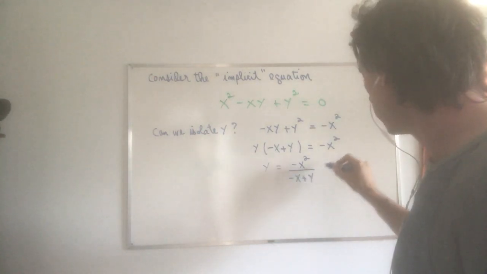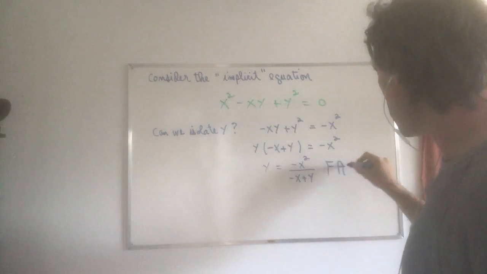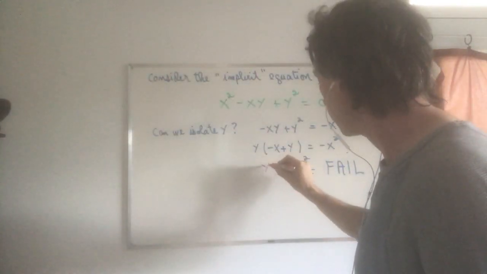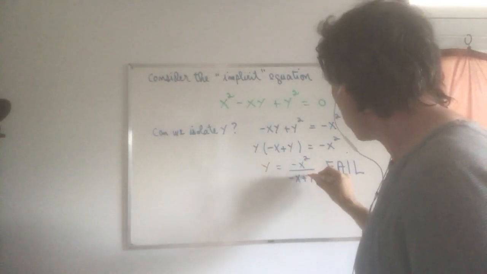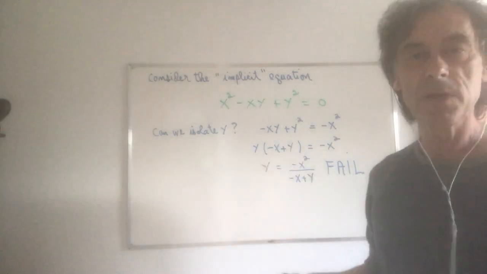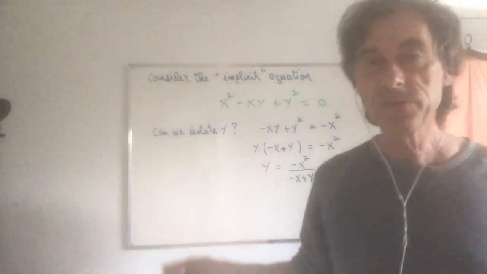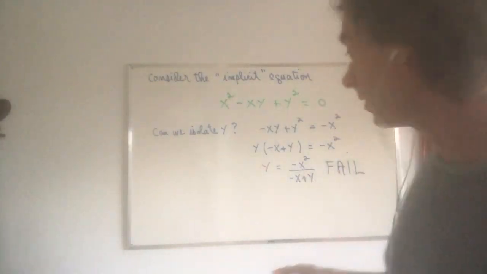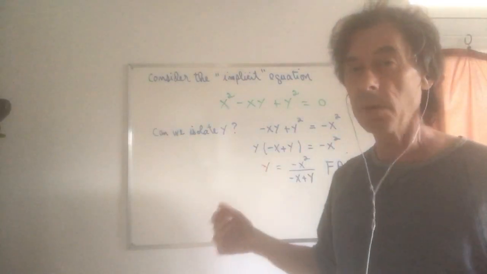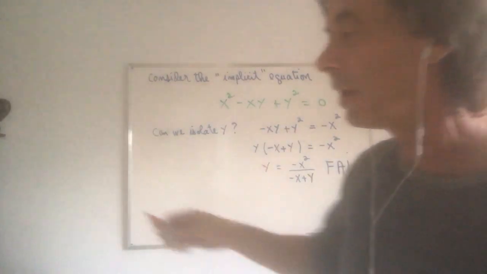And basically, this is a big fail. Why is it a big fail? Well, because right here you have a y, and right here you have a y as well. So we were trying to isolate y, but we find ourselves with y's on both sides. So we were not able to isolate the y. As a matter of fact, it's still possible to isolate the y, but it's cumbersome, it's complicated, and we're not going to get into this type of algebra.